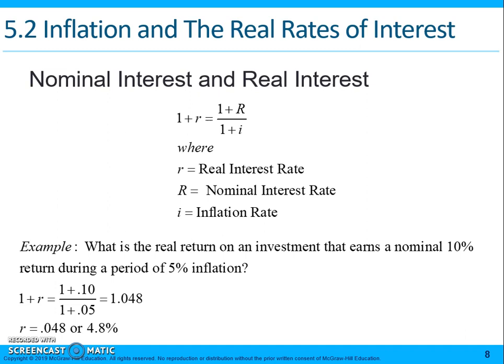Example: what's the real rate of return on an investment that earns a nominal 10% return during a period of 5% inflation? So 1 plus the nominal rate, 0.1, divided by 1 plus the inflation rate of 5%. So we have 1.048, so we subtract 1, so that's 0.048, or 4.8%.